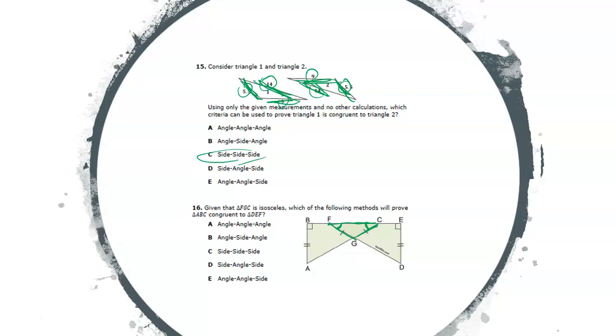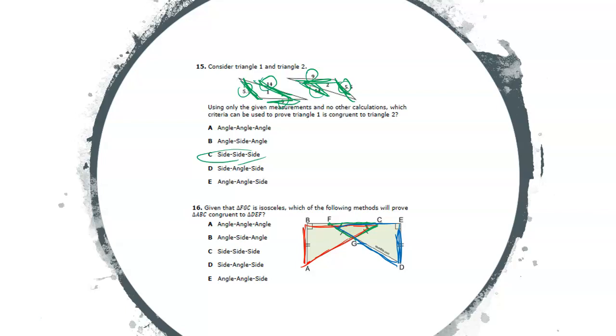Which of the following methods will prove that triangle ABC, so that's A to B to C, and then we go back again, is congruent to triangle DEF. So D to E to F. Okay, so using the little isosceles angle, how do we prove that the two larger triangles are the same?